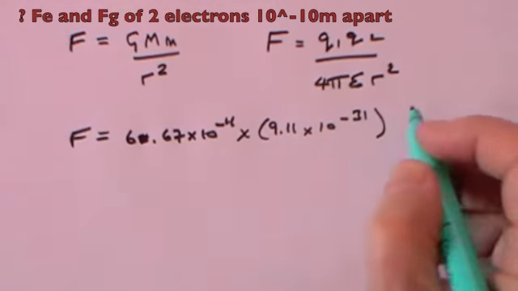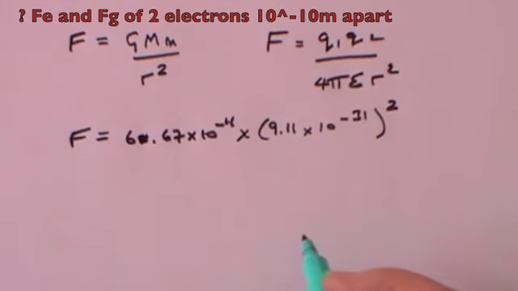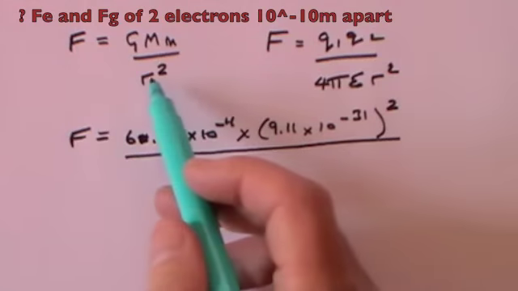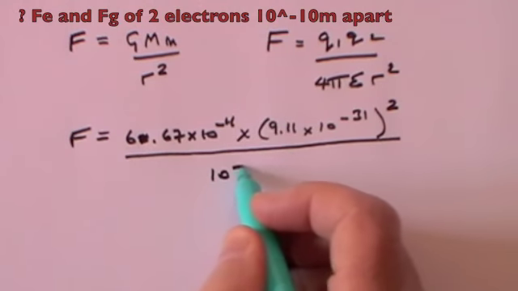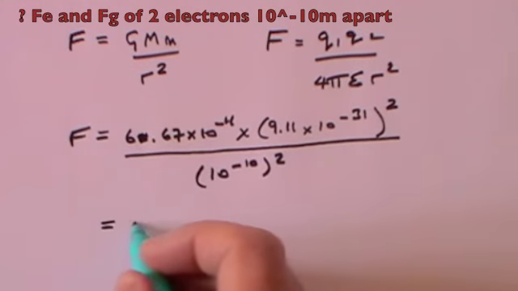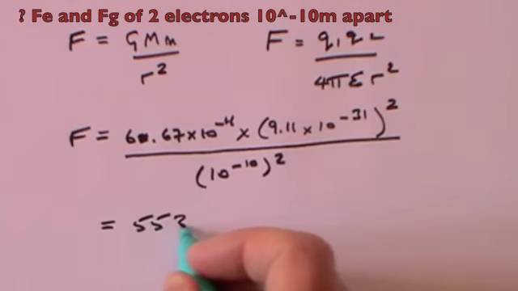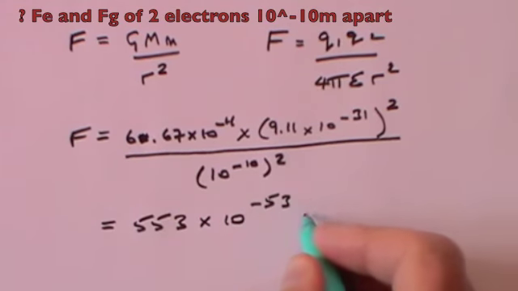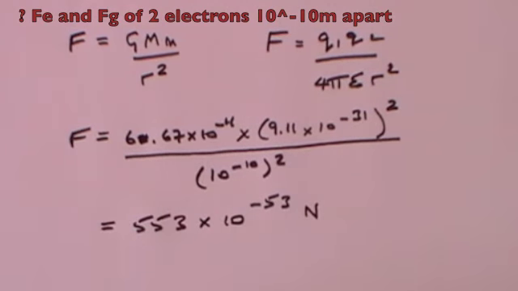You will usually be given that information, and that has to be squared, divided by the distance between the two, which I said was 10 to the minus 10, all squared. And that is equal to 553 times 10 to the minus 53 newtons. An incredibly small force. And that, of course, will be an attractive force between the two.